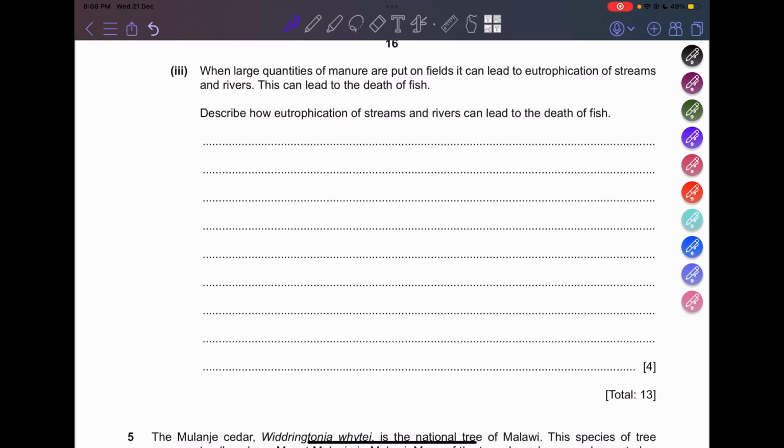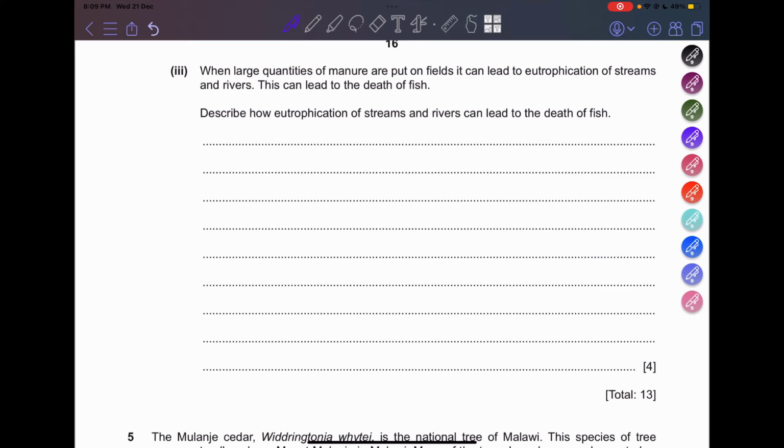So when the excess fertilizer is thrown into the rivers, there is going to be algal bloom. This is going to cause excess plants to grow on the surface of the water. This is going to cause the water to appear greenish in color.